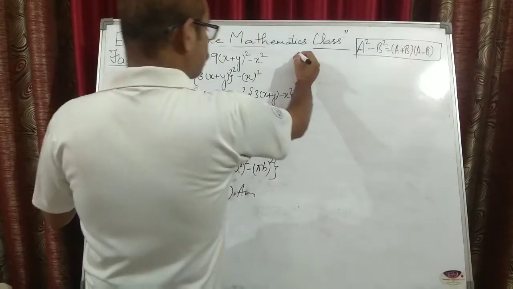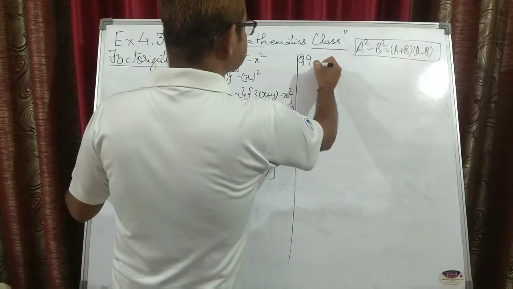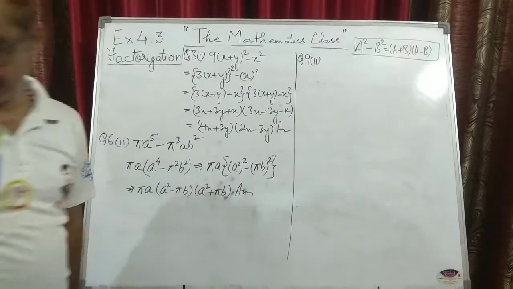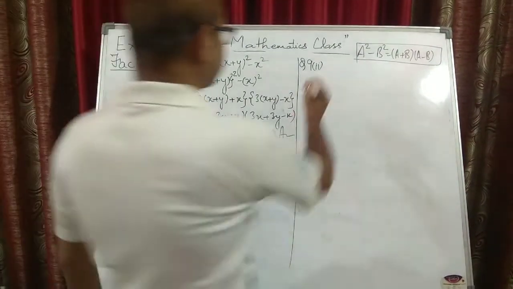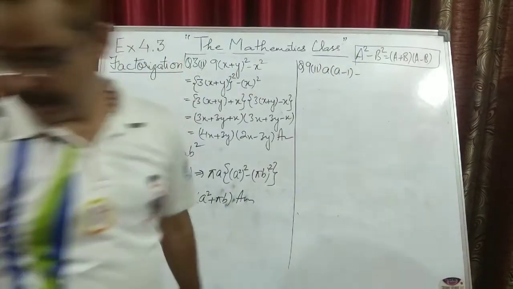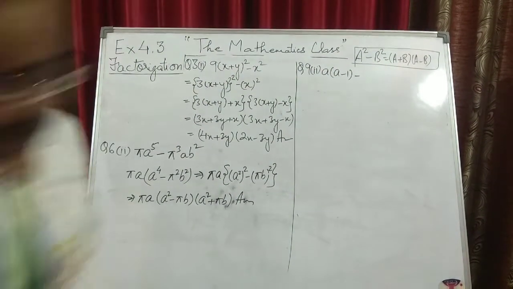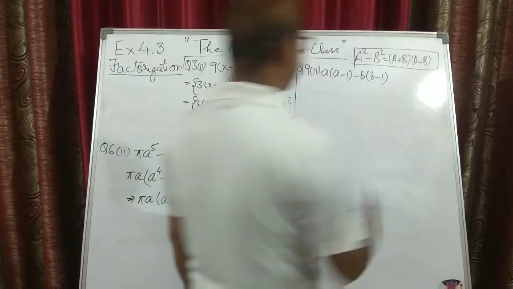Now we move on to question number 9, second part. Let's see what is there in this 9th question. It is a times a minus 1 and minus b times b minus 1.